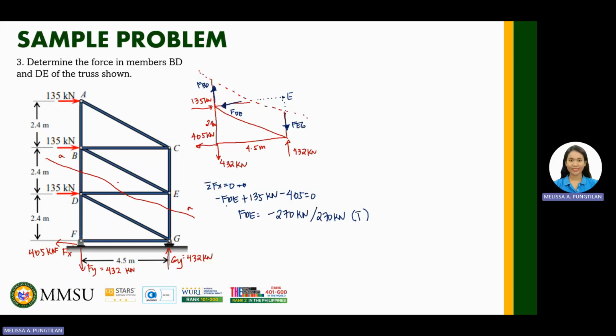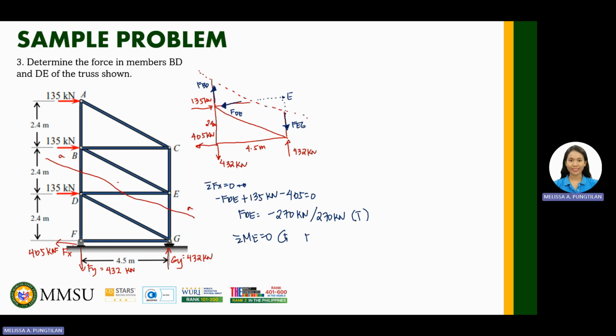Next, BD na lang. So, for our BD, we can utilize taking the summation of moment at point E. Okay. So, if we take the summation of moment at point E, automatically, makakancel si FDE and FEG. Therefore, makakompute na natin agad si FBD. Taking the summation of moment at point E is equal to 0, counterclockwise positive.